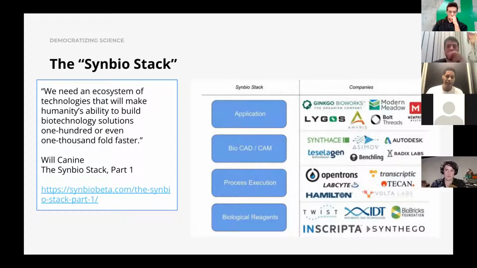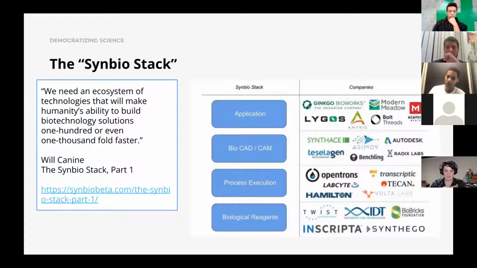So what do you get when you put all of those, the BioCAD, the process execution, and biological reagents together? If you haven't seen it already, I would highly suggest checking out that article on SynBio Beta. I think that this is a great system to think about when thinking about how we might accelerate scientific research. However, within this even, you still see a lot of walls that are preventing people from accessing and doing science.